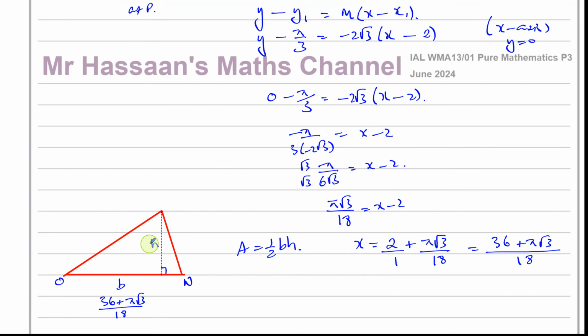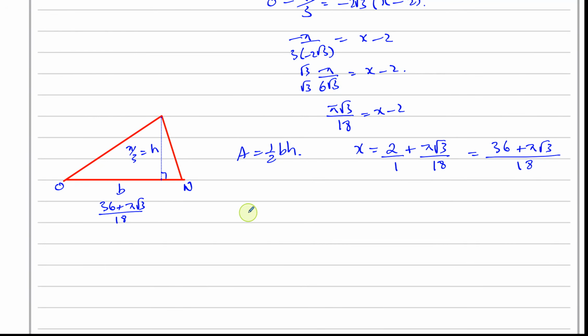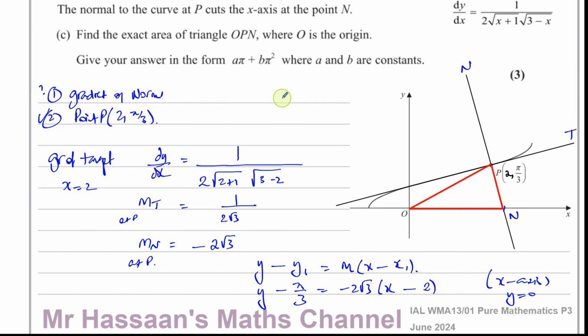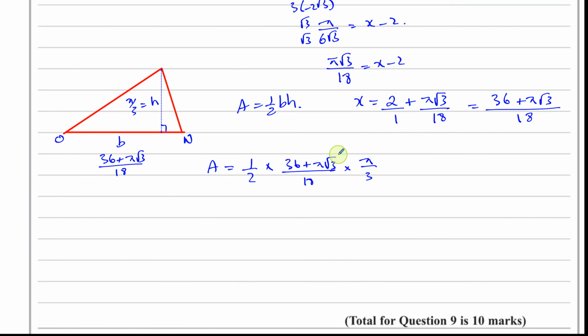So the area of this triangle is a half times the base, which is 36 plus pi times root 3 over 18, times the height, which is pi over 3. And they want this expressed as separate terms, a pi plus b pi squared.